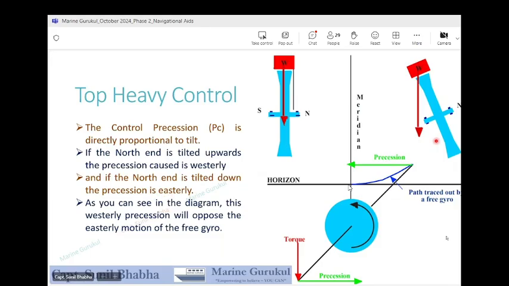When the north end is tilted upwards, a westerly precession is generated, and when the north end is tilted downward, an easterly precession is generated. So as we can see in this diagram, the westerly precession which is generated in this particular case is going to oppose the easterly motion of the free gyro, thus trying to keep it in or bring it back towards the meridian.